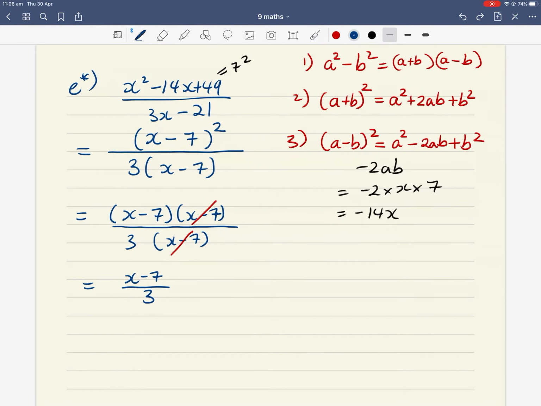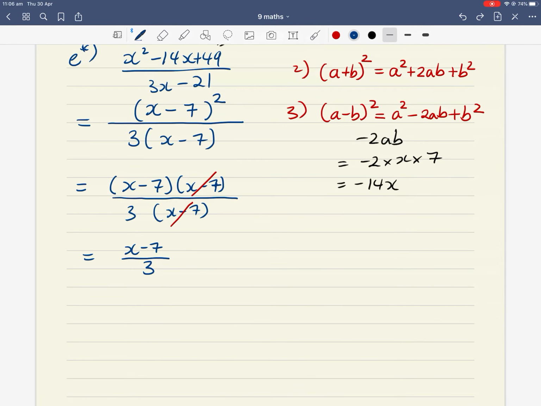So that's why this one's a bit tricky, because you need to remember the 3 patterns we talked about a few lessons ago. Alternatively, if you actually did the quadratic trinomials, the year 10 stuff, then you would much more easily factorize x squared minus 14x plus 49 using the plus b times ac method, because your a value would be 1, your b value would be negative 14, and your c value would be 49.